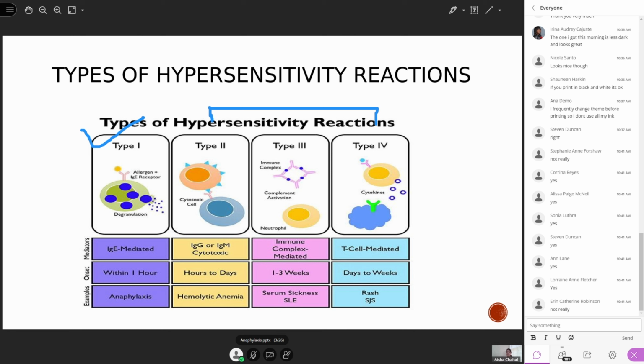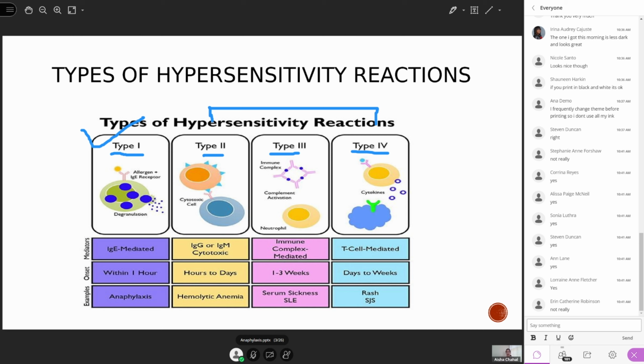So anaphylaxis is a type 1 hypersensitivity reaction. There are 4 types of hypersensitivity reactions as mentioned here. It depends on the mechanism of action of the hypersensitivity, how the immune system is responding to the allergen. That's how these 4 types are divided.